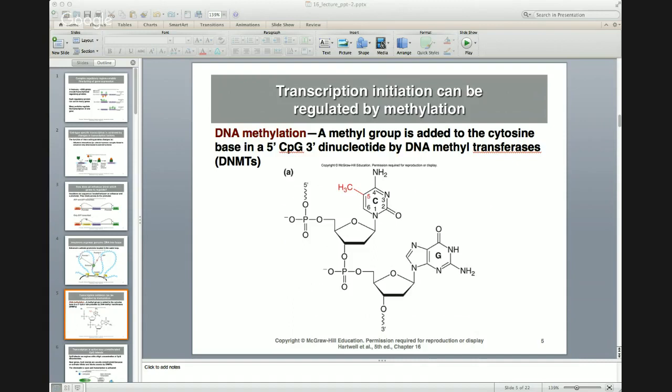We have two new daughter molecules, each having one parental strand and one new daughter strand. The DNA methylase will then detect the methylation on the original parent strand and methylate the new daughter strand. So this methylation pattern is passed on from parent to progeny.